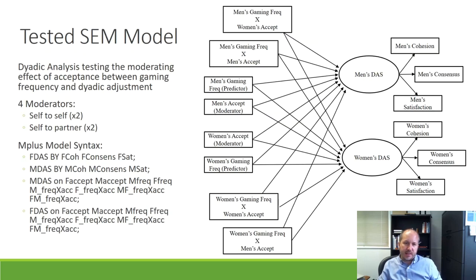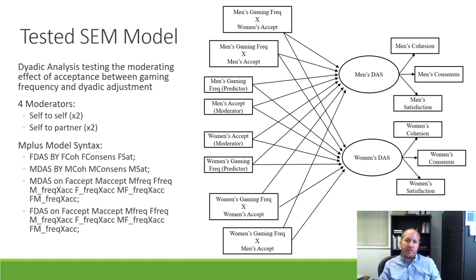So here is the tested model. You'll see here that I actually have 4 moderators. This is because I'm doing a dyadic analysis. In dyadic analysis, which we'll be going over shortly, there are actor and partner effects. Actor effects are me on myself, so my independent variable on my dependent variable, and partner effects are me on my partner and my partner on me.